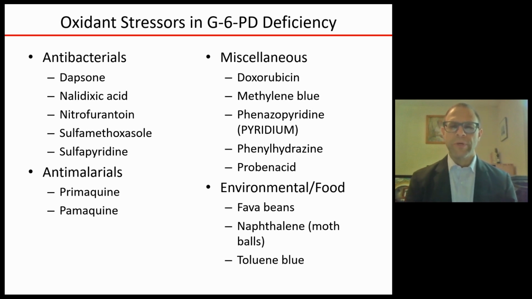I think it is important to point out that methylene blue is a trigger for G6PD hemolysis, not a treatment. We do use methylene blue for treatment of methemoglobinemia. That's something different.